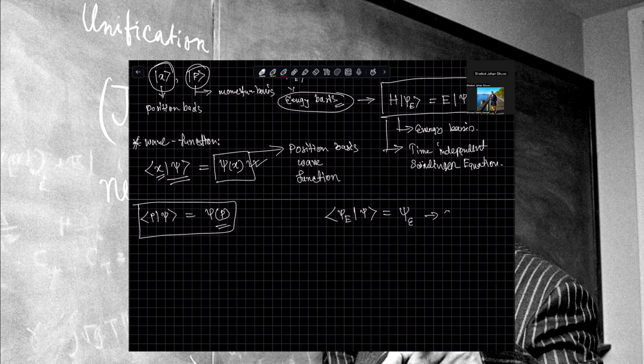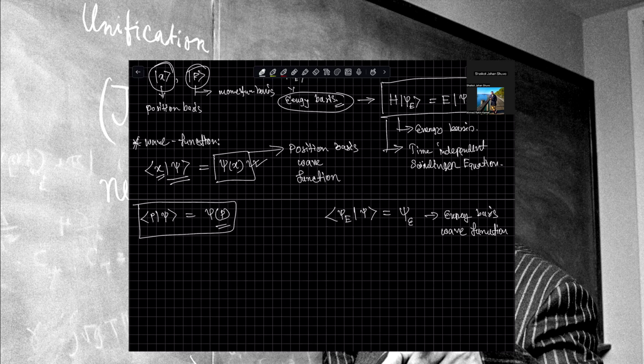And this will be your energy basis wave function. You can even call it position space wave function, momentum space wave function, or energy space wave function, and so on. It's up to you.